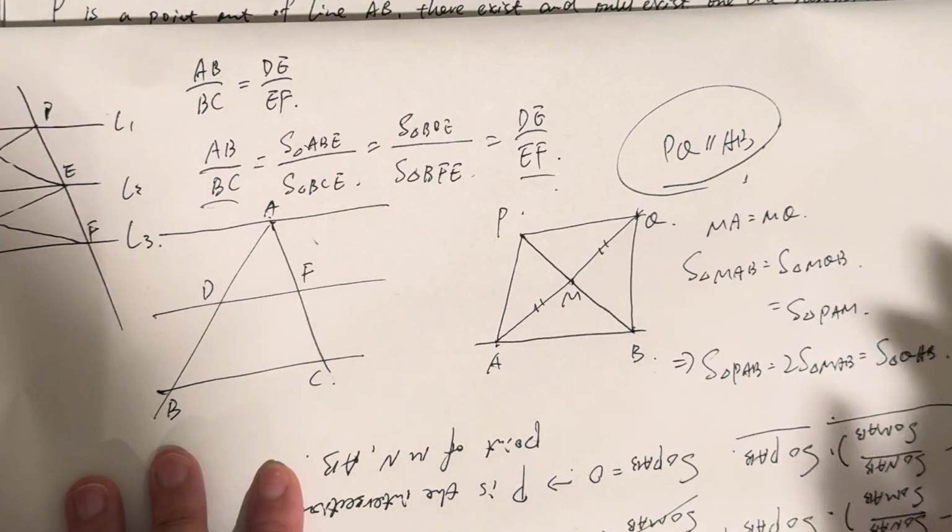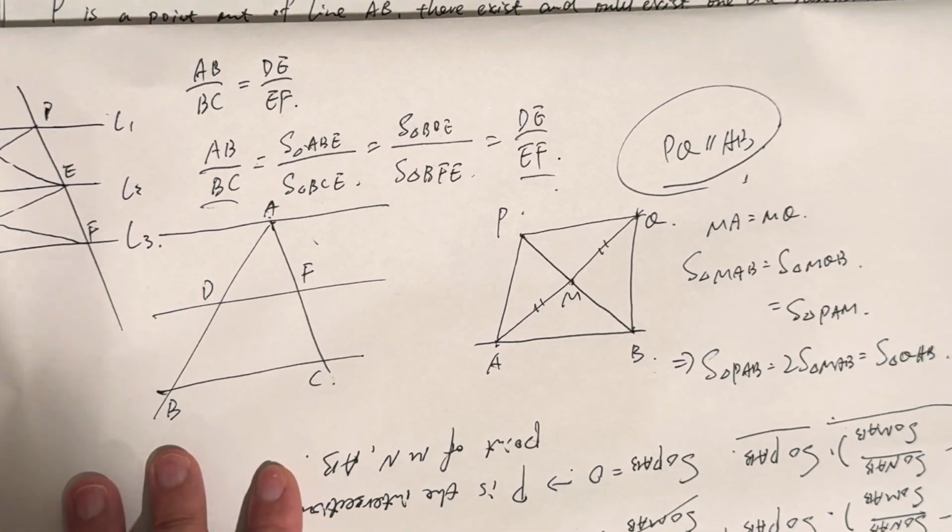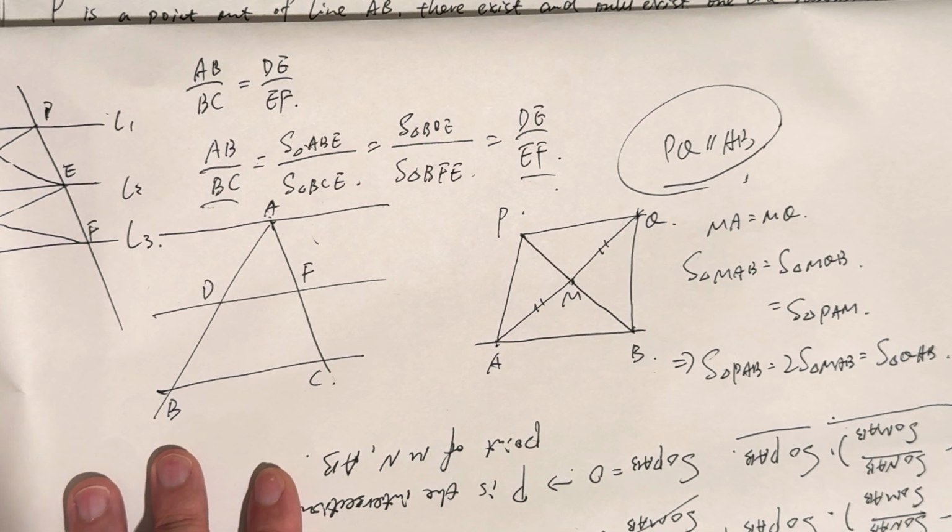Okay, now we find this parallel line, meaning that we find a way to find the parallel line passing through the point P while parallel to AB. Okay?